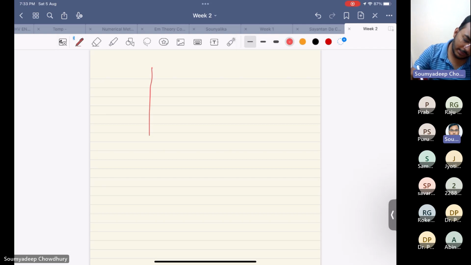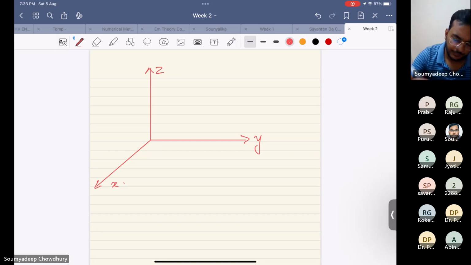Let me take my normal Cartesian coordinate. So this is my Z, Y, X. Suppose I have a point here, say P, which is given by R, theta, and phi.